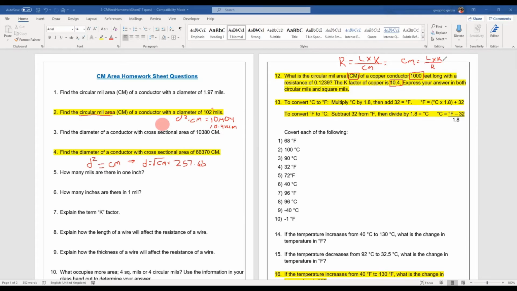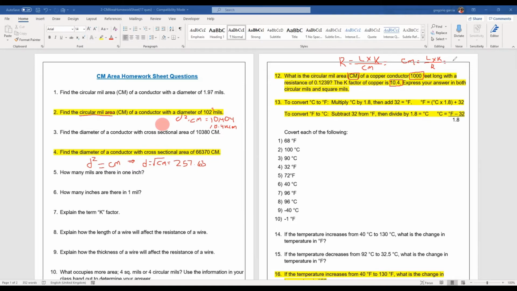And when we input all that information in the calculator, we are going to be able to get our CM, our circular mils. So the length is 1,000 times our 10.4, and that's going to be divided by R, which is 0.1239.